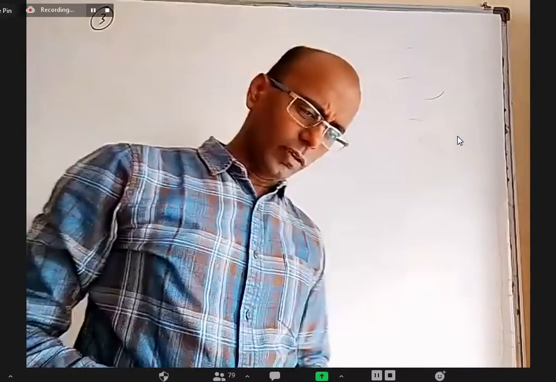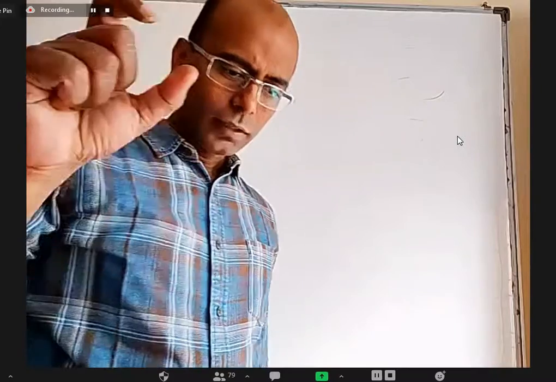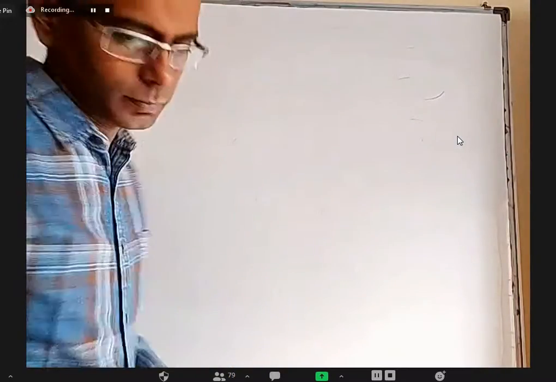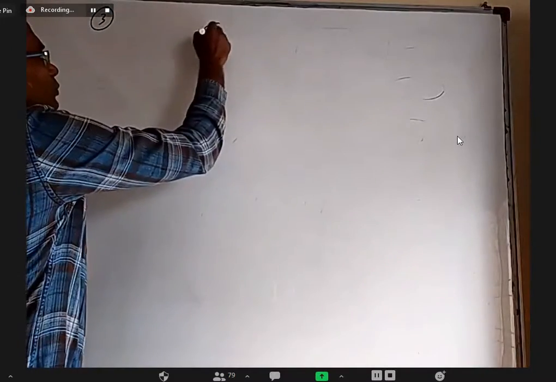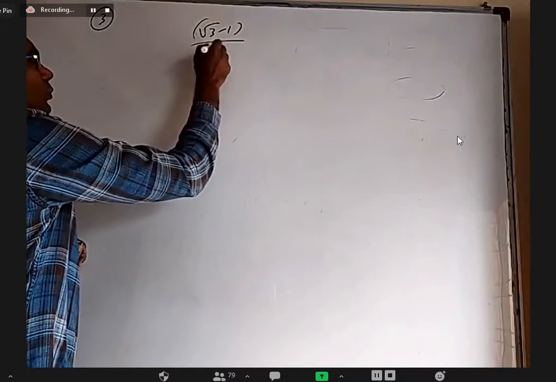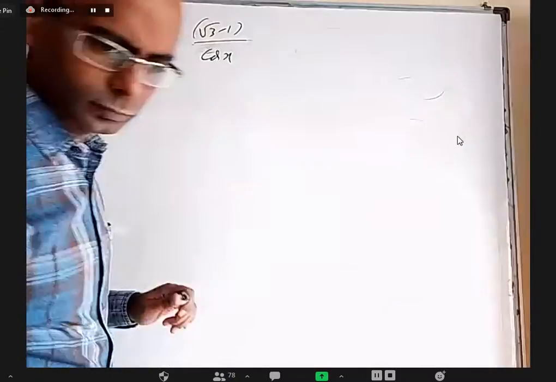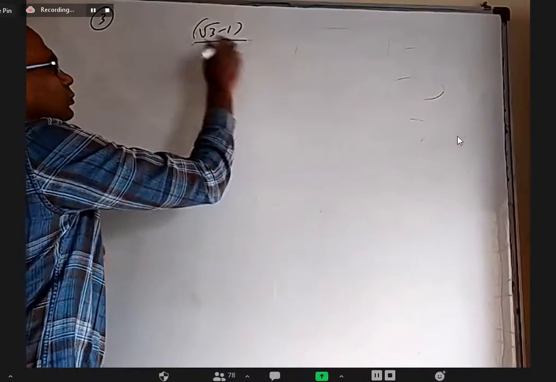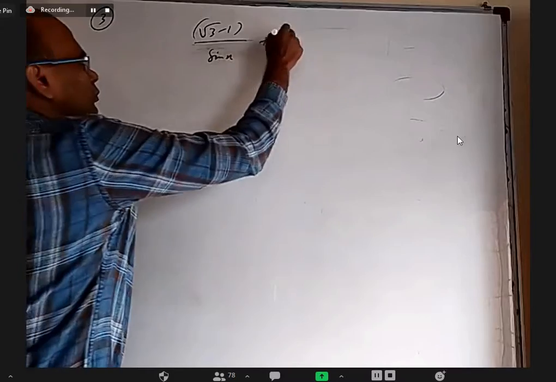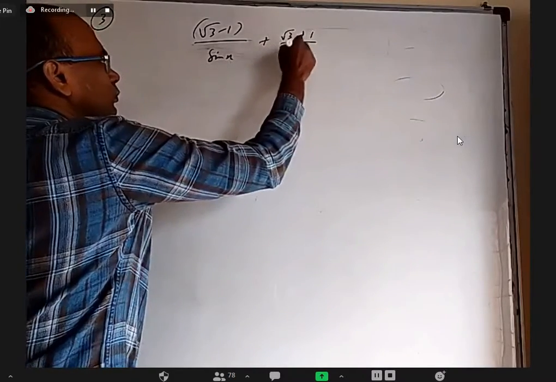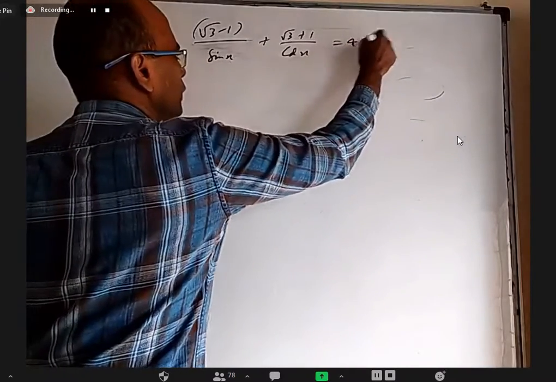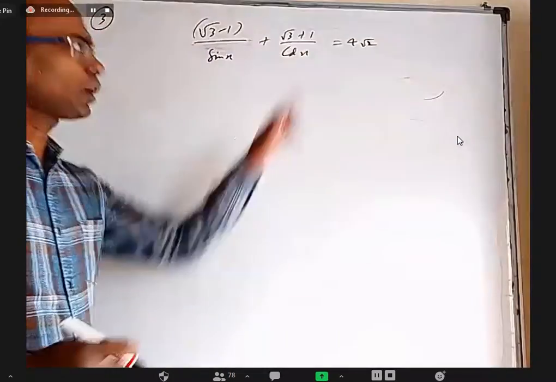Okay. Third question, I think we can easily get an idea: divide by 2 root 2 in the LHS. Let me write the question. Out of this 4 root 2, borrow 2 root 2 here.